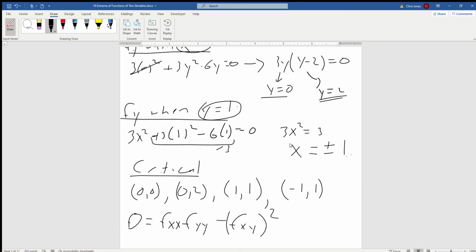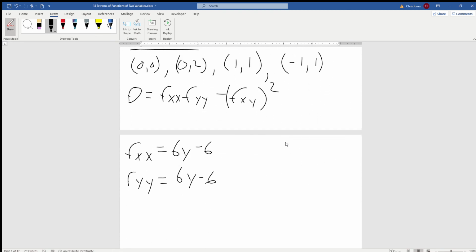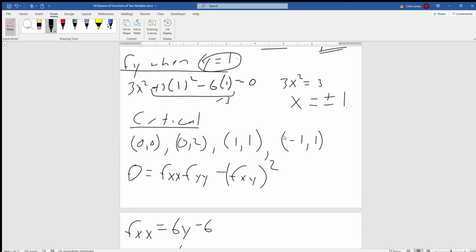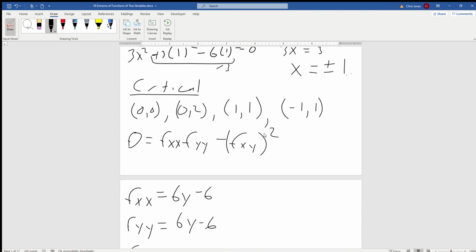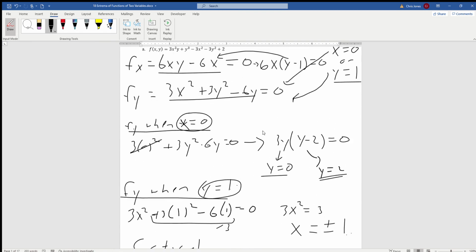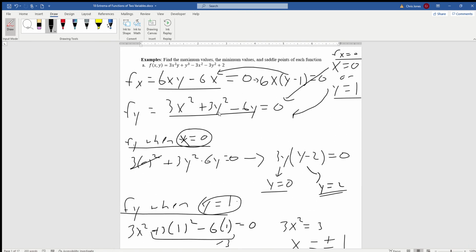And then fxy, which should be equal to fyx, and we can verify that. fxy is going to be 6x, and up here it's also equal to 6x if we do fyx. So that's a way to verify just to make sure you're on the right track. So that's going to be equal to 6x.